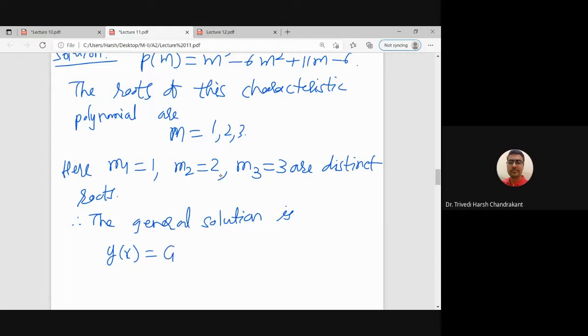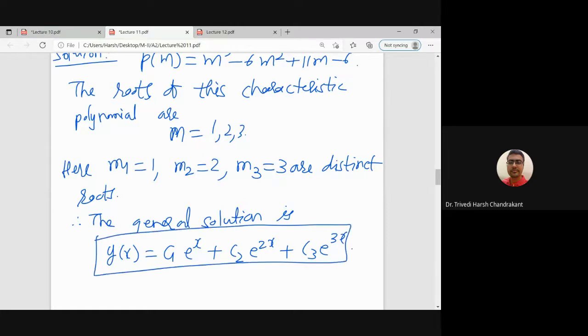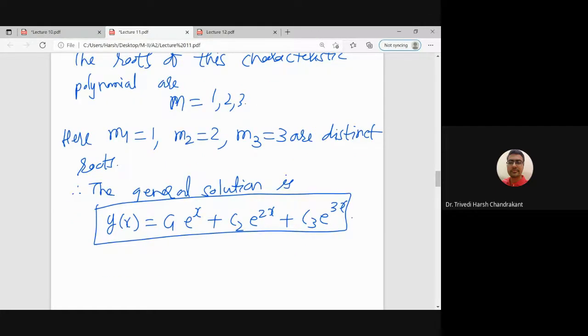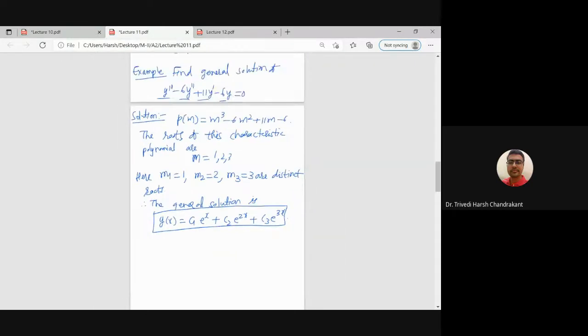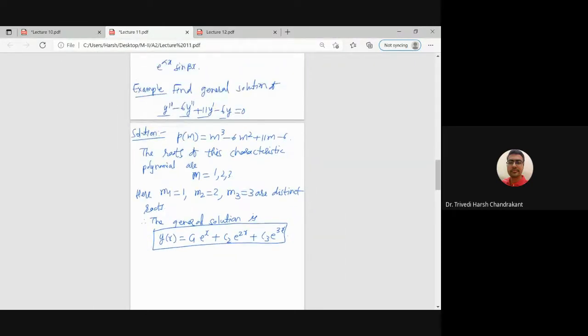So first is c1 e power m1x, m1 is 1. C2 e power m2x, m2 is 2. C3 e power m3x, m3 is 3. So in this case, because all the roots are different, we got this particular solution as the general solution of the homogeneous equation.